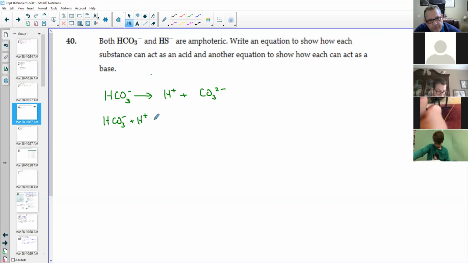So it could pick the proton up and become carbonic acid, the fully protonated form. So in this form, it's working as an acid. In this form, it's working as the base, and they're the same species. It just depends on what's present in the system. Is there something that needs to absorb protons, or is it needed to donate protons?